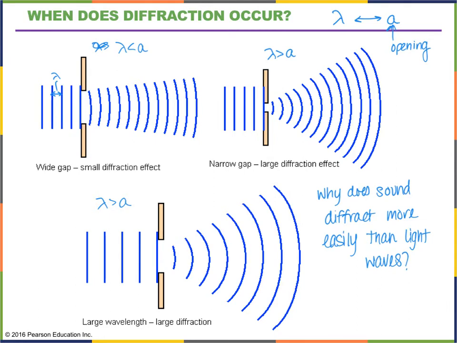Think about the example I gave you a few slides ago, that the diffraction of sound allows you to hear someone outside of a room with an open doorway, even if they aren't standing in front of the doorway, but you can't see them around the corner. It's an example of how sound waves diffract much more easily than light waves.